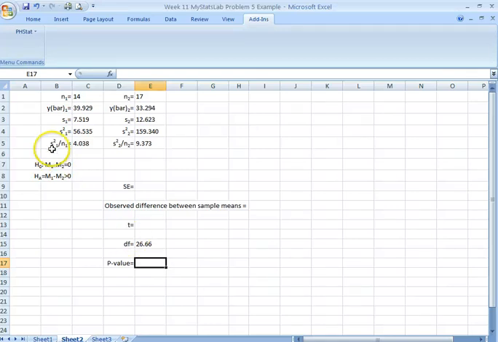So I've also taken my variance and divided it by n, because that's what we're going to use in both of these calculations for standard error and degrees of freedom. Let's click on our standard deviation there, and you see I took our standard deviation and squared it by using shift 6, and I squared both of those to get our variance.